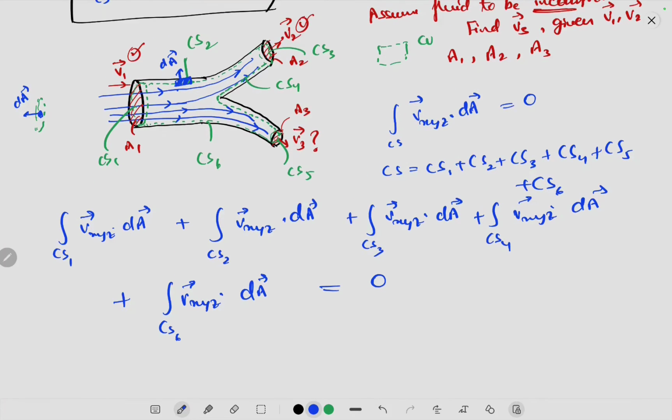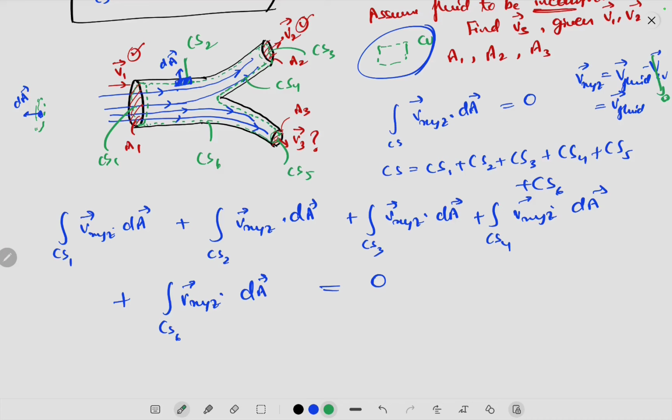Now since this control volume is stationary, this velocity v1 will be with respect to CV also, because vxyz, which was equal to the velocity of the fluid minus the velocity of the control volume, would become v fluid, since vCV is 0 currently.